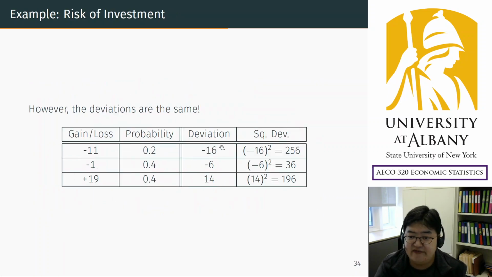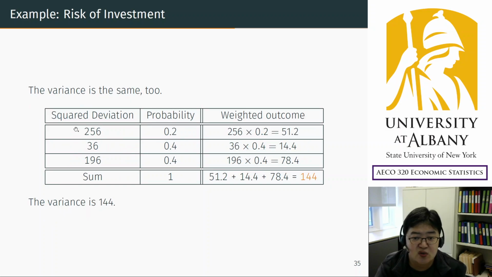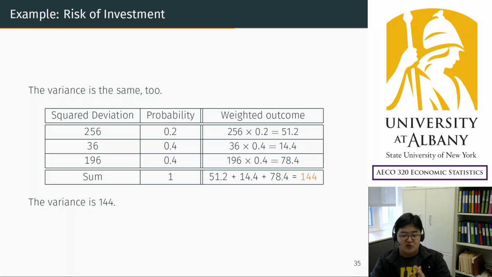So the same deviations, of course, then the squared deviations must be the same. From this tab, everything is the same. Probabilities are the same, deviations are the same, squared deviations are the same. So of course, the variance should be the same, right? The reason is, remember, it is about distance.